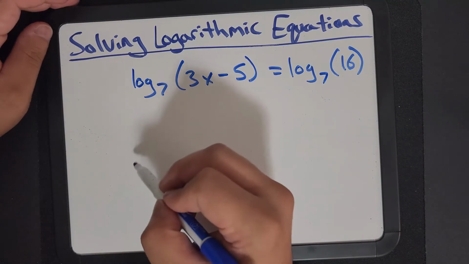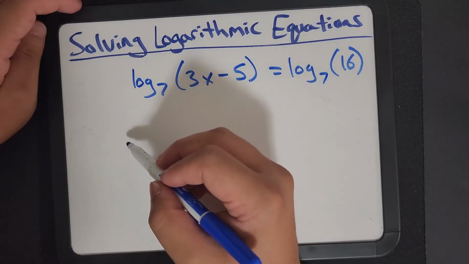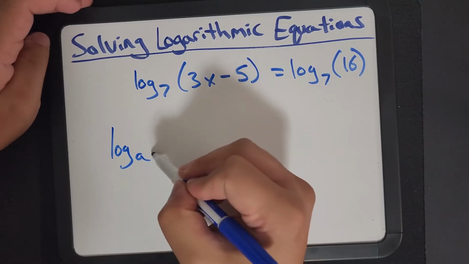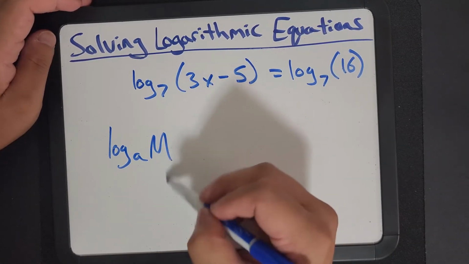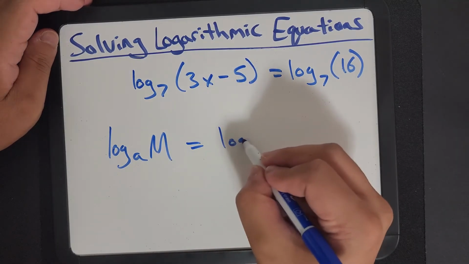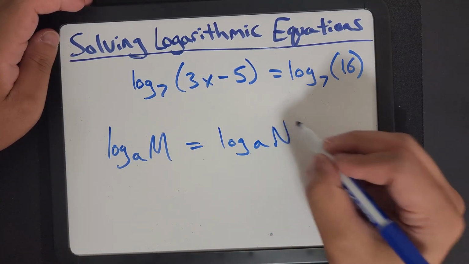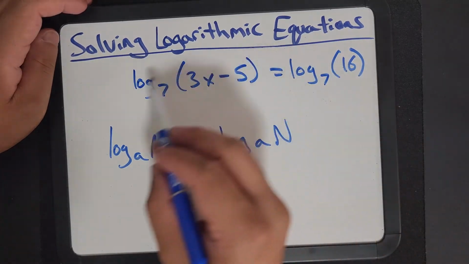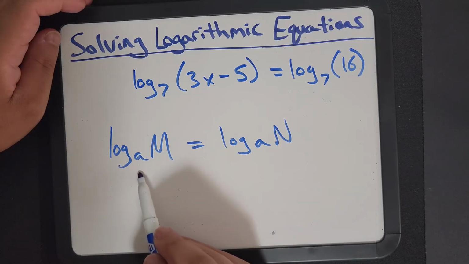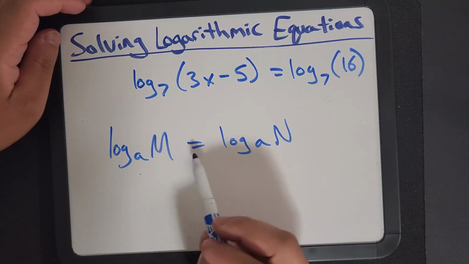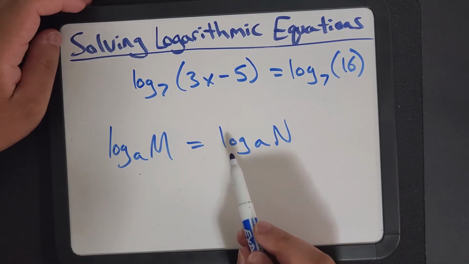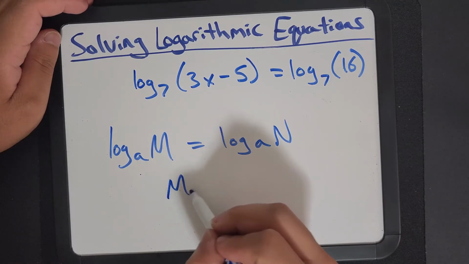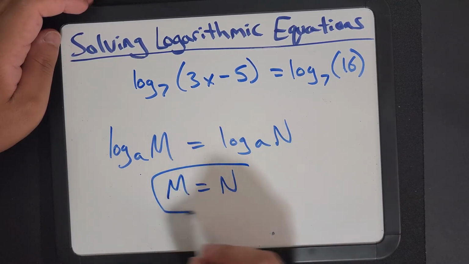One thing to note here, maybe this is a new law that I haven't shown you before: if you have a log base a of m, and a log with the same base of n, and log base a of something equals log base a of another thing, we can say m is equal to n.